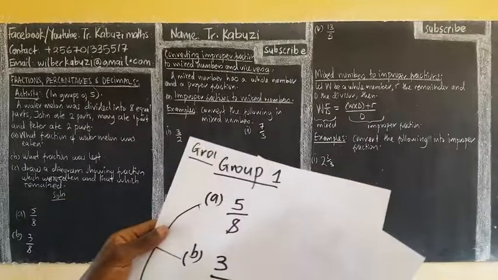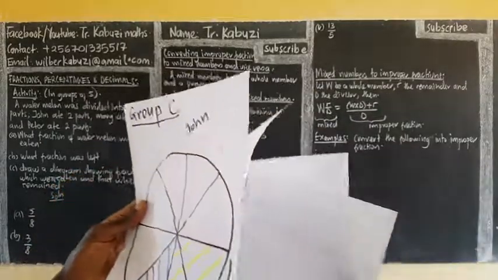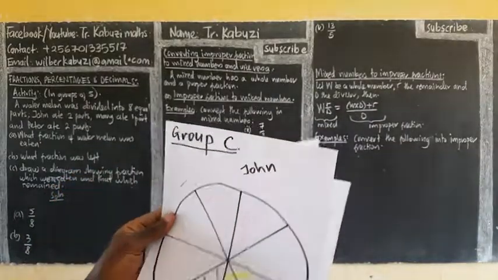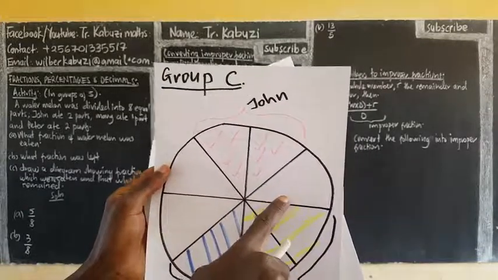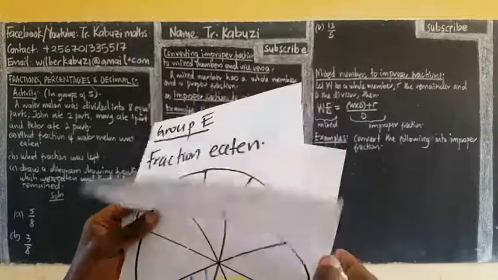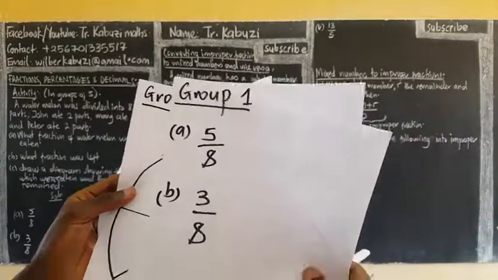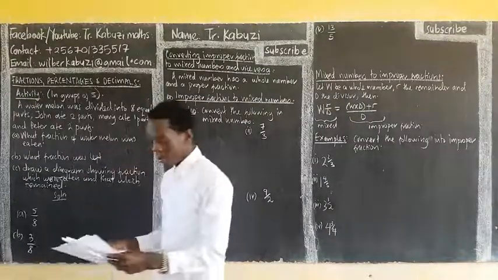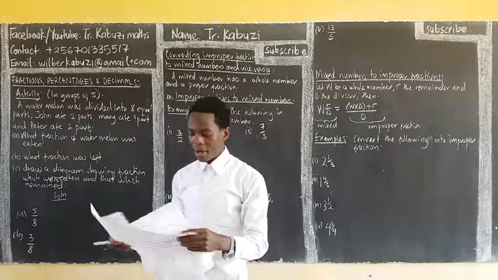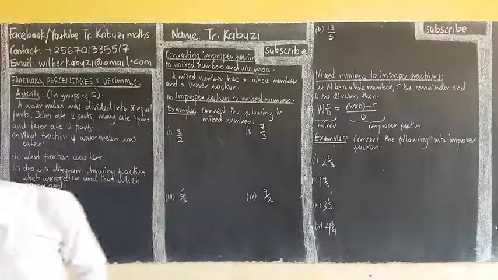I think you see why they are having 5/8. Then when we count the left parts, this one is 1, 2, then this is 3. That's why they are having 3/8 as the parts that remain. Okay, so this was group 1 and group C. Can you clap for them?